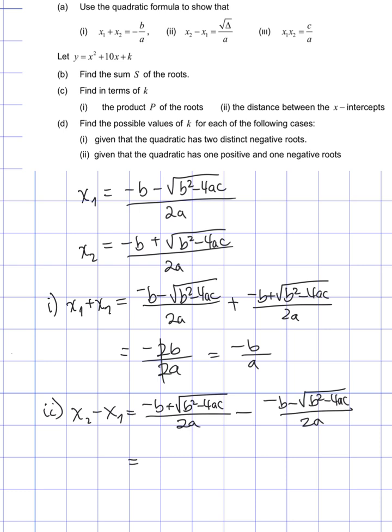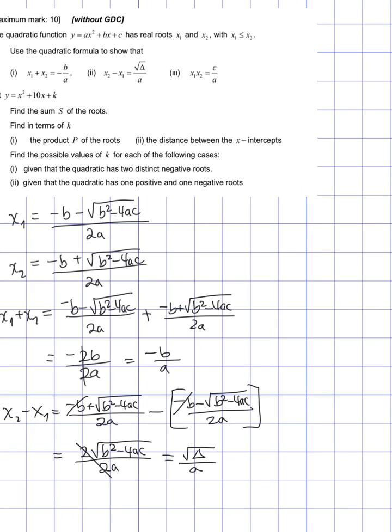Remember this is subtracting this whole thing, so the b's will cancel. And the root b squared minus 4ac minus a negative root b squared minus 4ac is going to be 2 times the square root of b squared minus 4ac over 2a, so that cancels, and that's the square root of the discriminant over a.